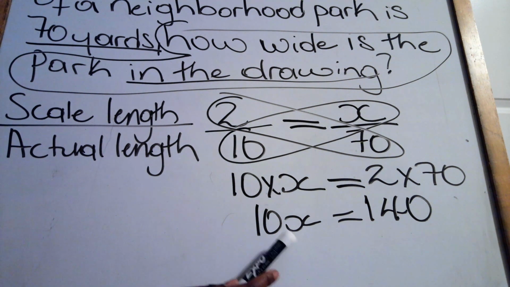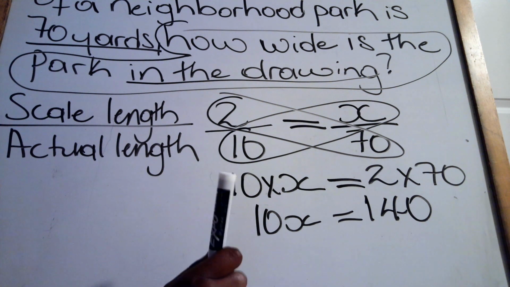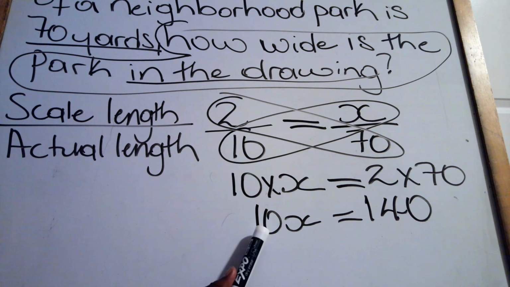Once the coefficient of the unknown is not 1, the aim is to find what one x is equal to. Here we have 10 of the x is 140. So we want to find what one x would be equal to. Once it is not 1, we divide by the coefficient.